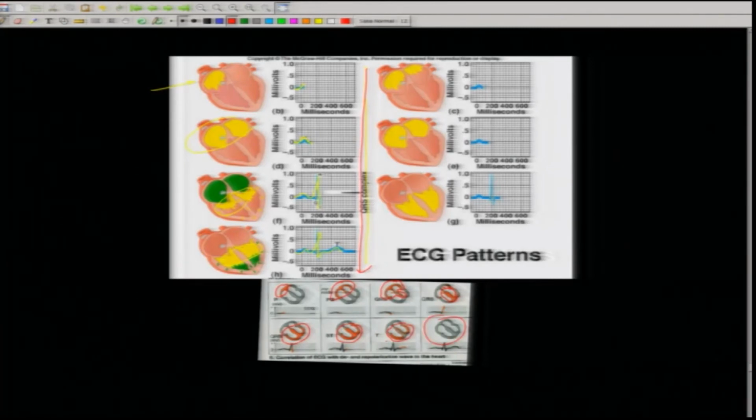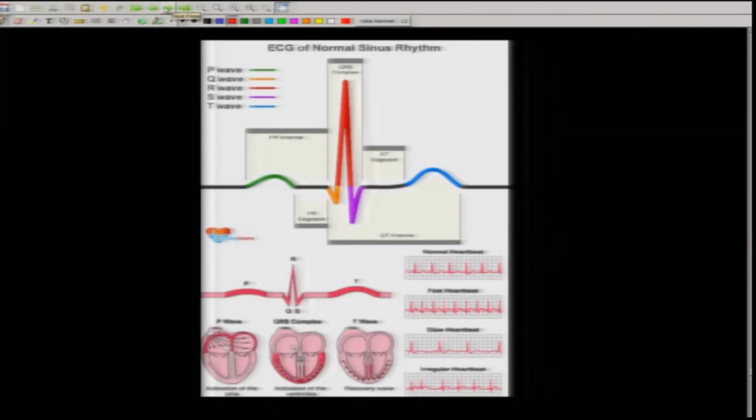So, this is the electrical activity pattern, in millivolts with respect to time, and this pattern continues. This is the P wave we talked about, in green. This is the Q wave you observe in orange color.